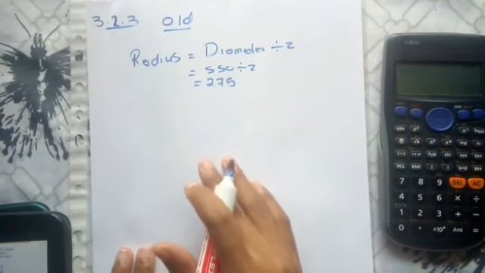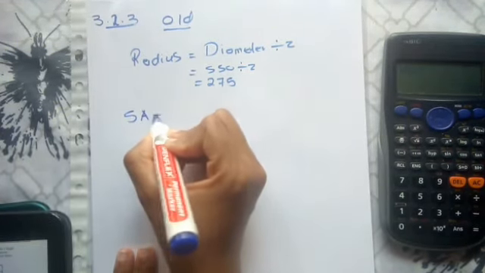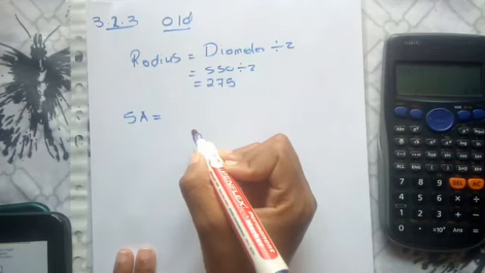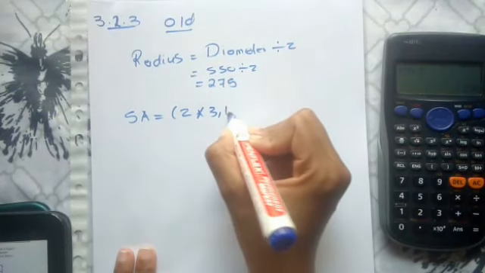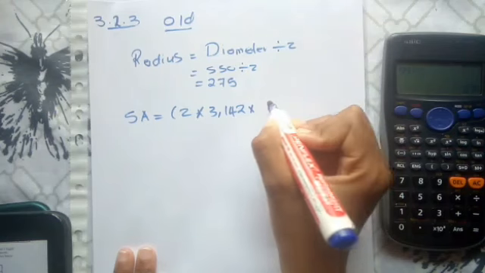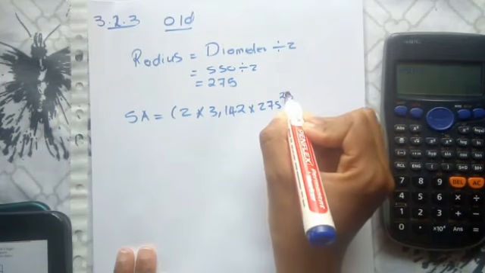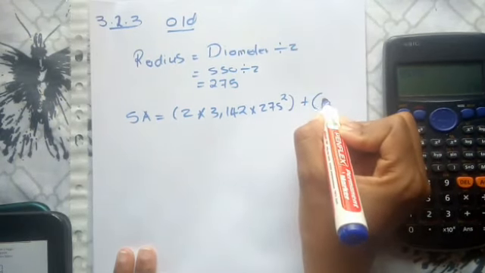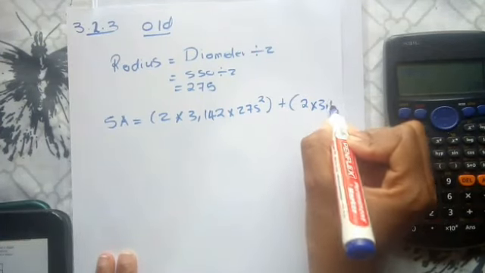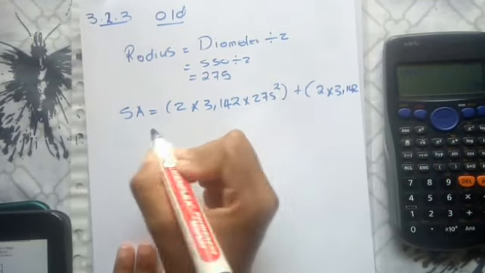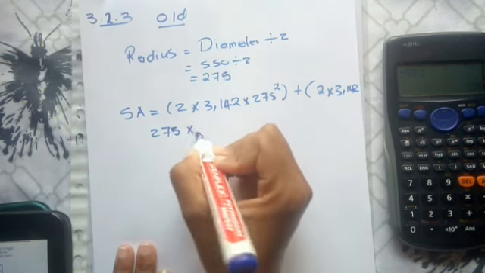So starting with the total surface area for the old geyser: 2 times our pi, they told us to use 3,142, multiplied by radius squared. Radius is 275. Remember to square it, close bracket, open bracket, 2 times, again, our pi is 3,142, our radius is 275, multiplied by our length.